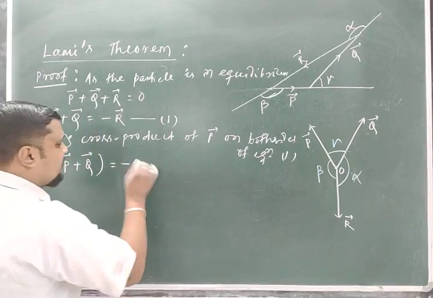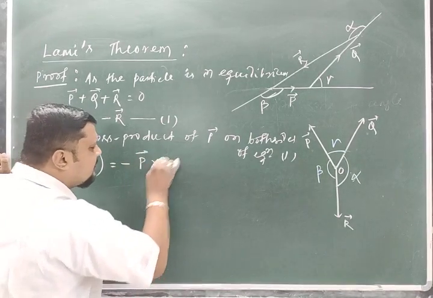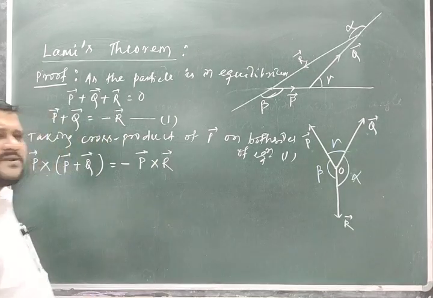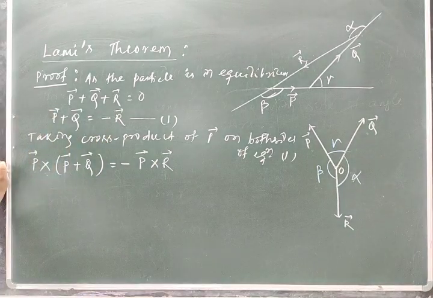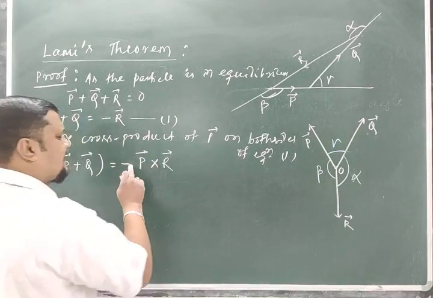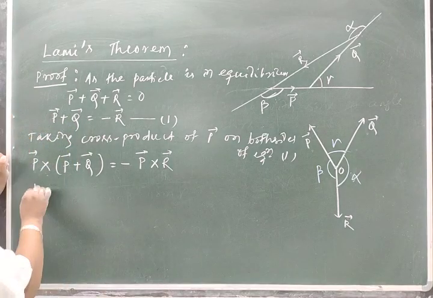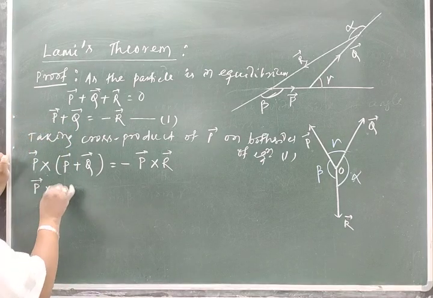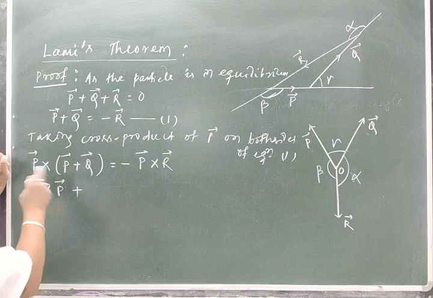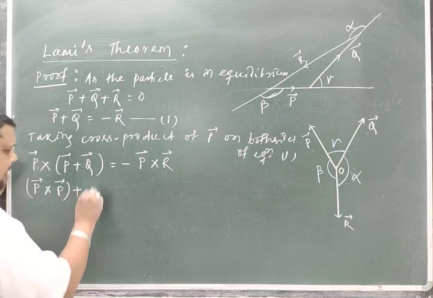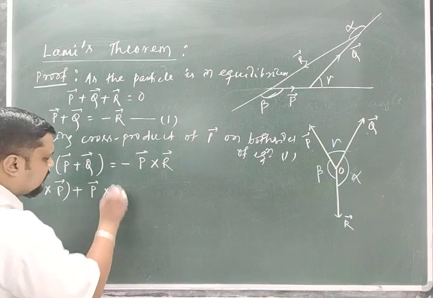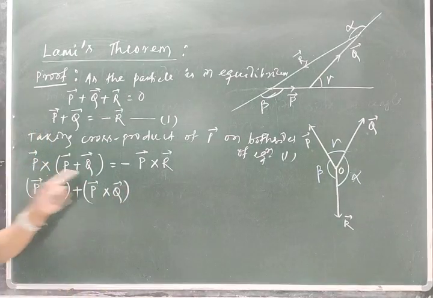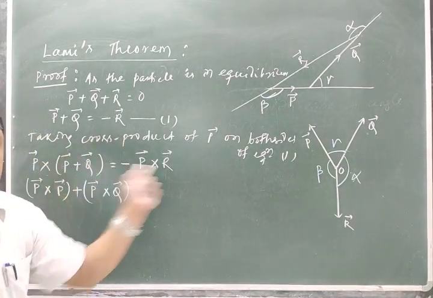So minus P cross R, you can take minus P cross R, or P of minus R, so minus will come here. So I can write this as P cross P plus P cross Q, using the distributive property. The cross product is distributive over addition or subtraction of vectors.